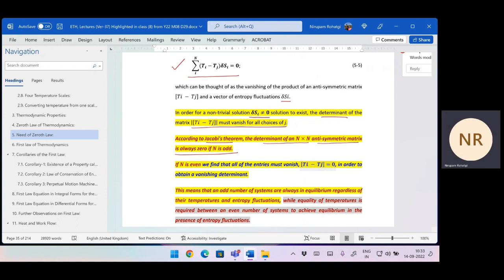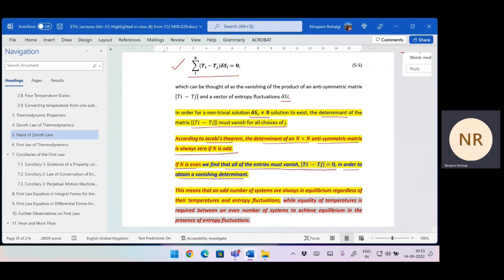So what happens is that if you have an odd number of bodies within an isolated system, then this determinant will always be 0, whatever your Ti's are. Okay. Now, if n is even, we find that all the entries must vanish. Each temperature Ti should be equal to Tj in order to obtain a vanishing determinant.